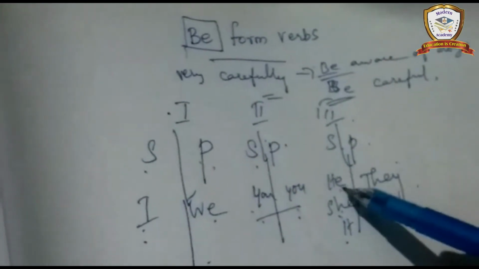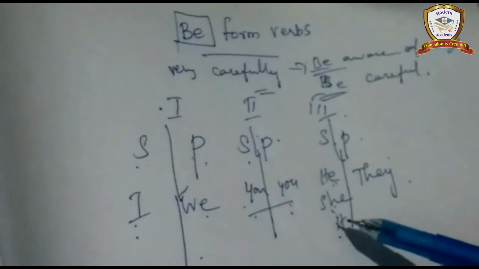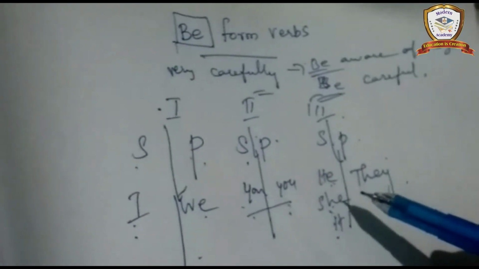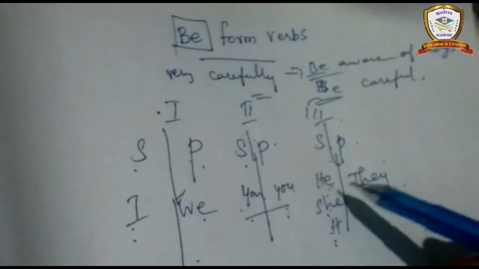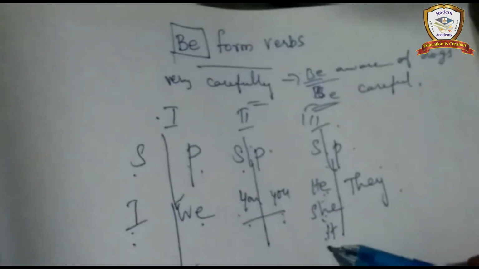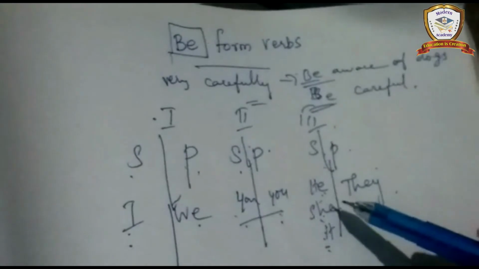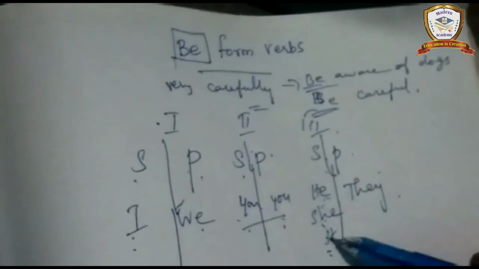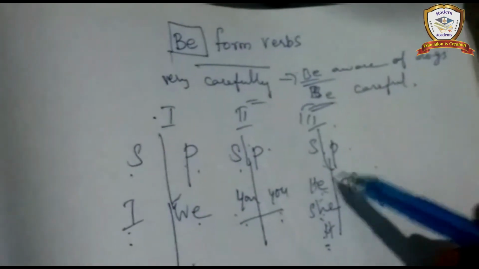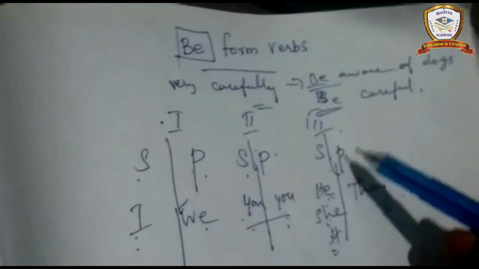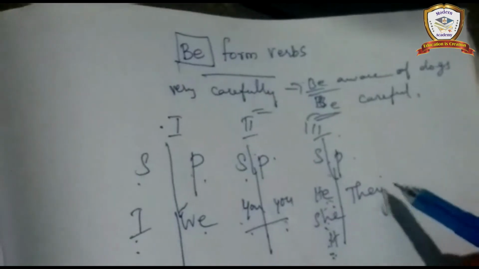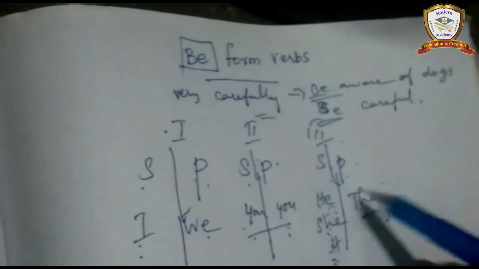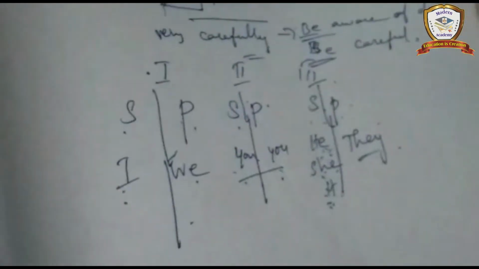That person won't be here while we are speaking, so that's why we call them third person, singular as well as plural. Plural means they, singular means we should use he, she, it. So easily you can keep it in your mind.